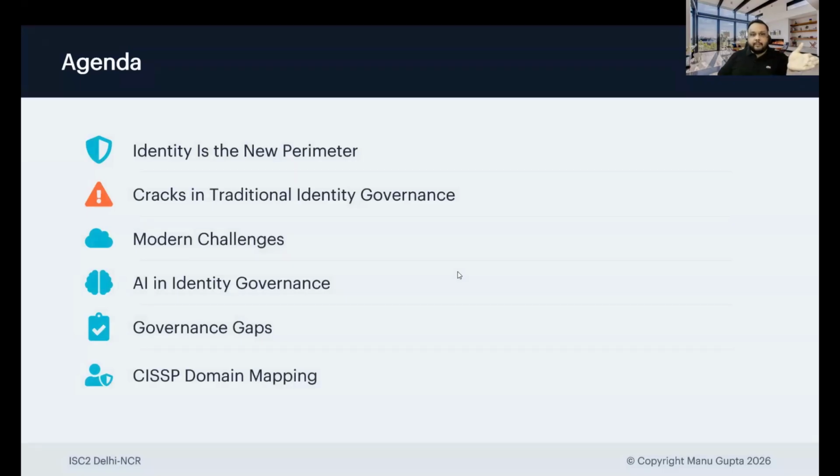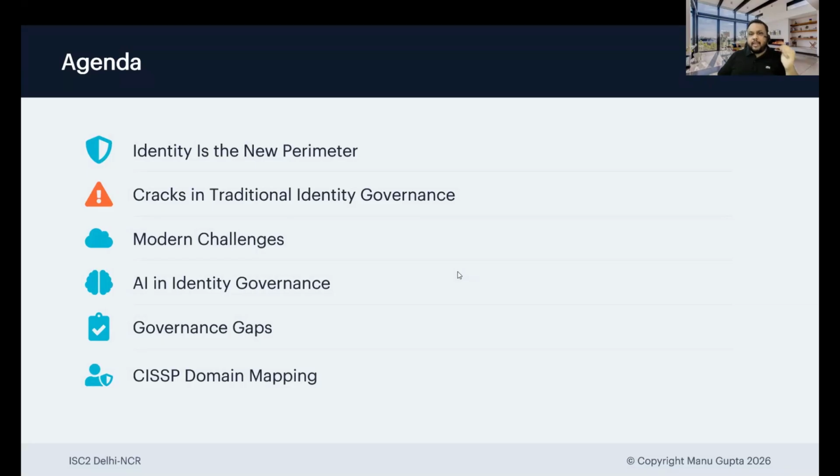So here's our journey for today. We'll start with why identity has become the new perimeter. Then we'll look at the cracks in how organizations govern identity today, specifically role models. Then we'll get into the modern challenges, SaaS sprawl, non-human identities, the things that make this harder every year.